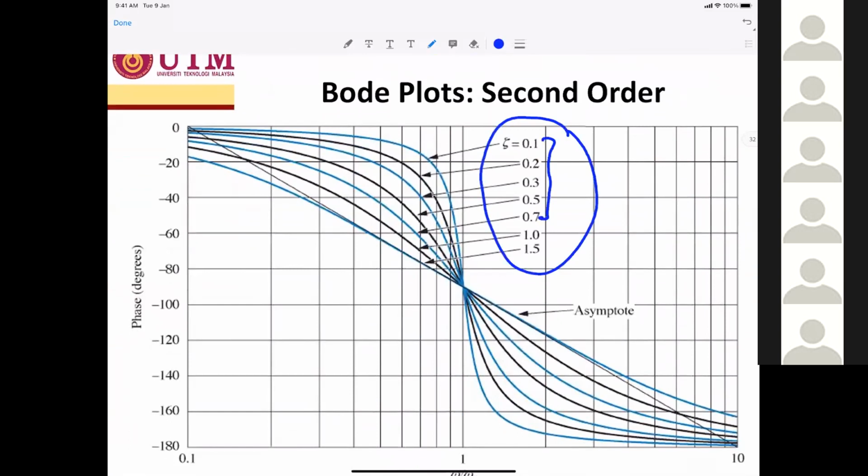So 0.1, 0.2, 0.3, 0.7 is considered what category of second order? Asim Jamil, 0.1, 0.2, 0.3 until 0.7 is second order what category?